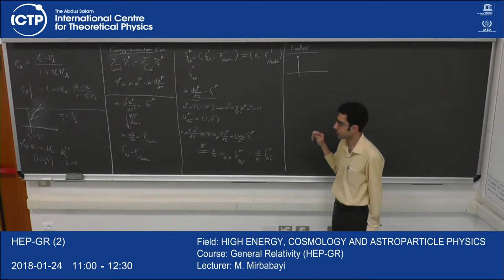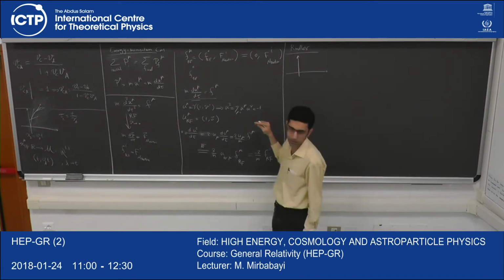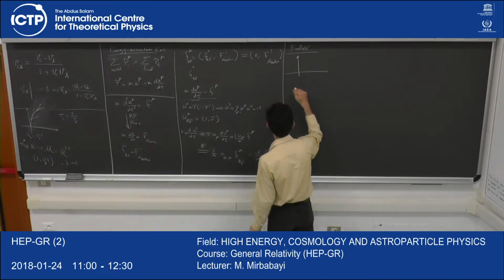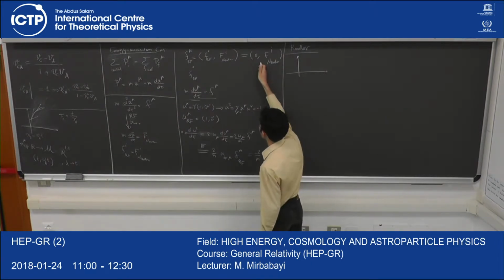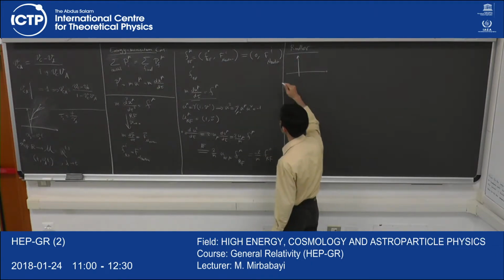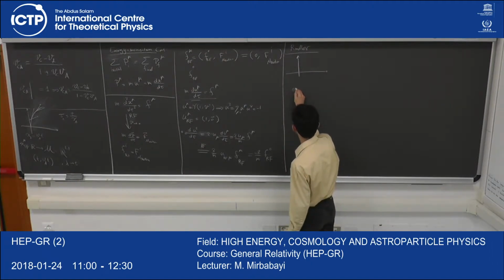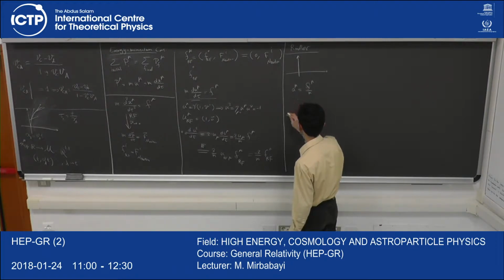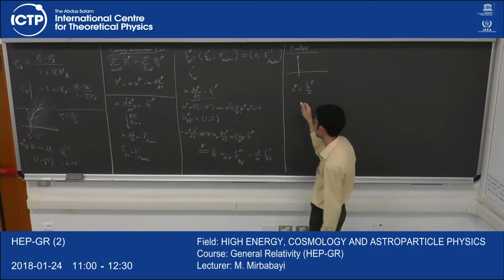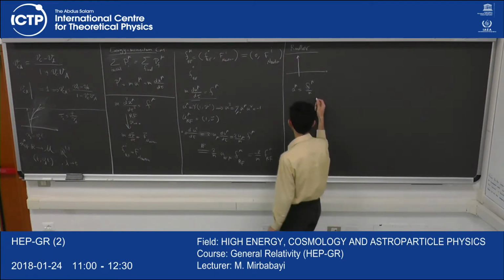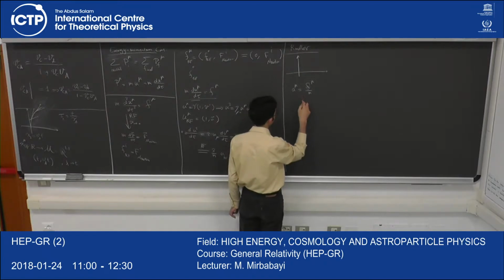Proper acceleration means that the acceleration in the rest frame is constant. So the definition is: if I define the acceleration vector a mu as F mu divided by m, then the proper acceleration is the norm of this a vector, which is also its norm in the rest frame.